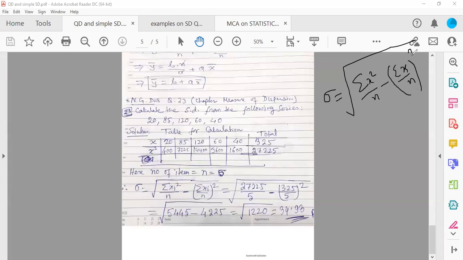Without a calculator, sigma calculation is impossible because there is square root involved, some square terms involved, and addition involved. So let us start.